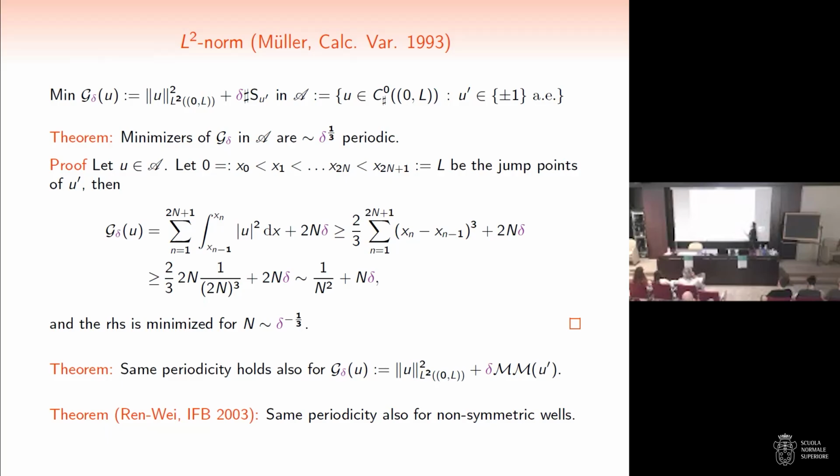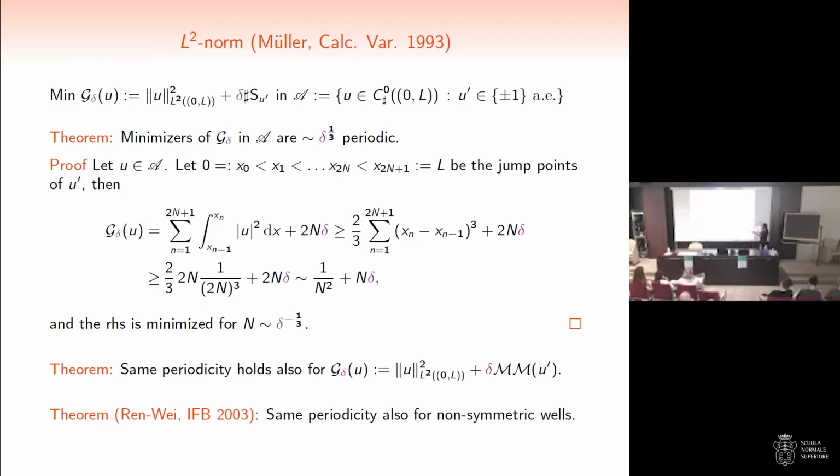This is a kind of zero calculus computation. Then I notice that this function is convex, so I can use Jensen's inequality to show that the term on the right-hand side has this behavior. Now this right-hand side is minimized when these two addends are of the same order, namely when n is of the form delta to the power minus 1 over 3.